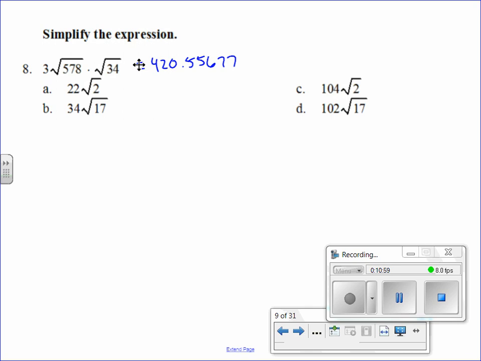Then figure out which other one is equal to that. So it's not A. It's not B. It's not C. It's D. And since a lot of you are purists and you probably want to see the math way of doing it, I'll do that real quick. It won't take me long.